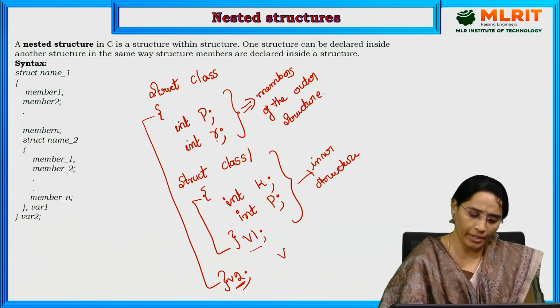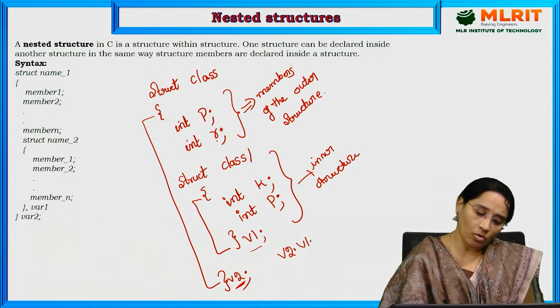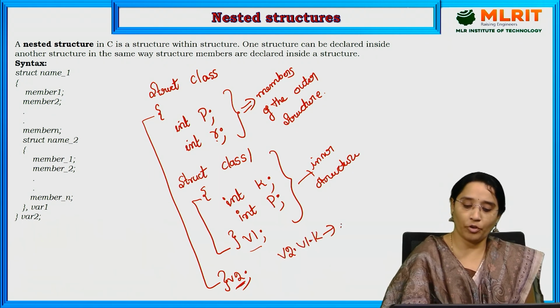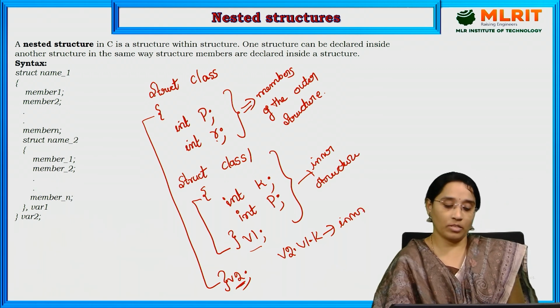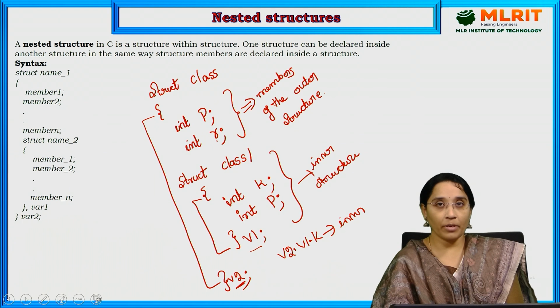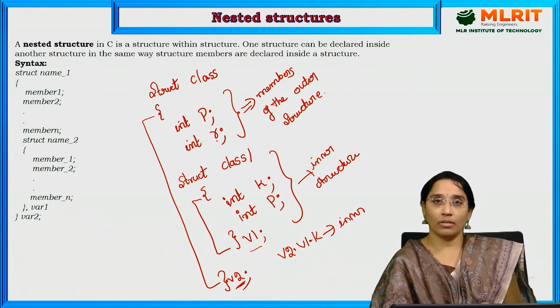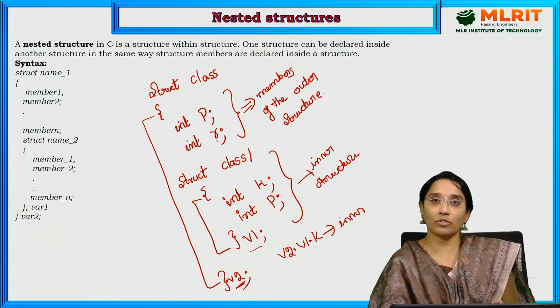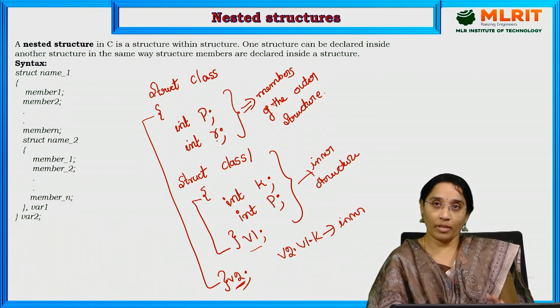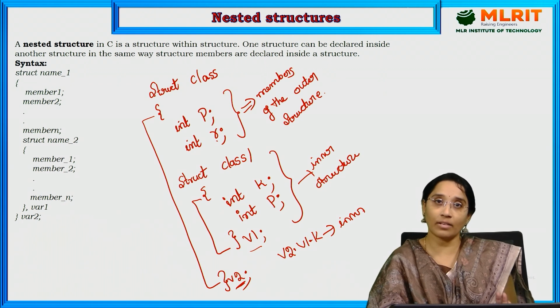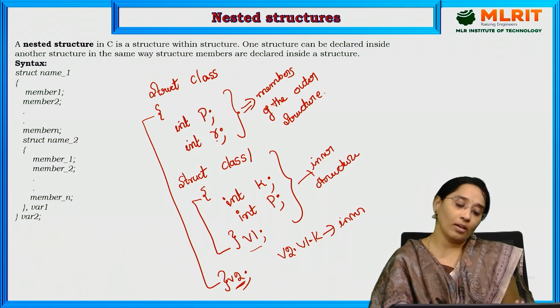So it is V2 dot V1 dot K. To access the members of the inner structure, you have to use the outer structure variable, the inner structure variable, and the inner structure member. It is V2 dot V1 dot K, and V2 dot V1 dot P.